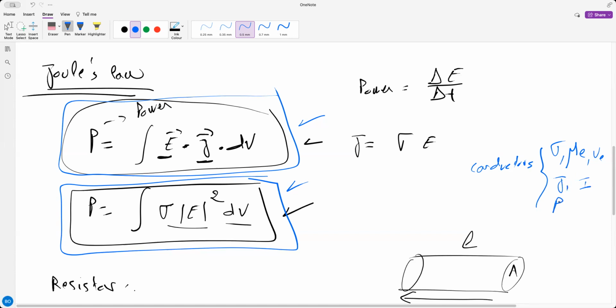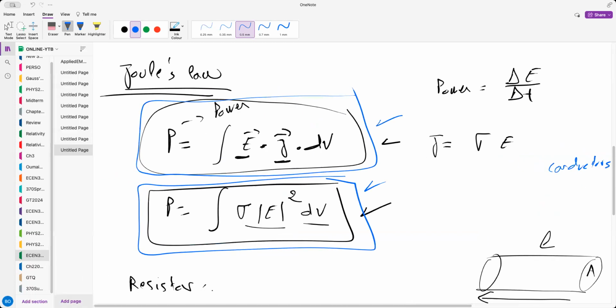Those are quantities that define a conductor. Some of them are intrinsic, like the conductivity, which is specific to a conductor, and others are related to geometrical properties and the potential difference that is applied to the conductor. Okay. So now let's go to another material, which is the dielectrics.